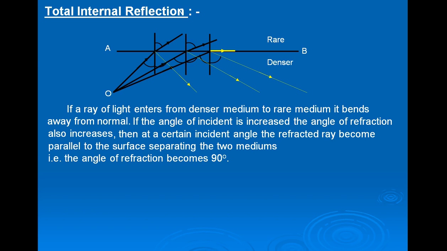That is, the refracted ray is parallel to the surface AB or grazing the surface AB. The angle of refraction in the rare medium is 90 degrees.